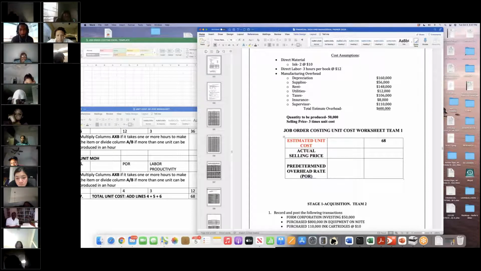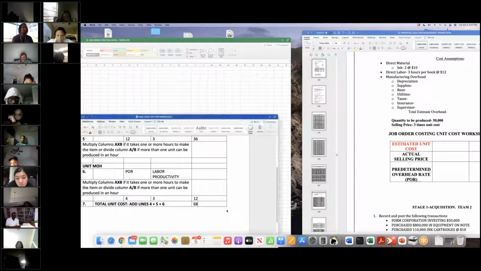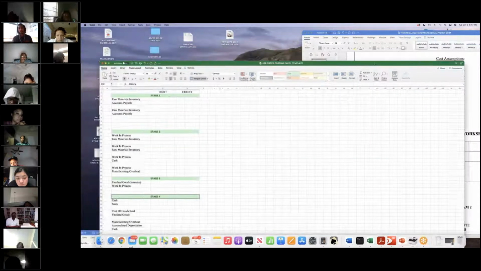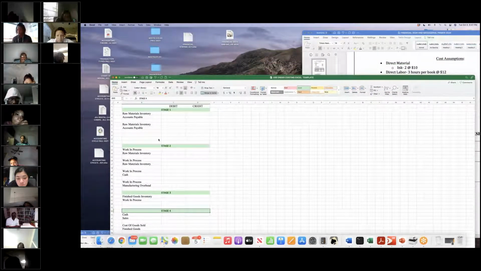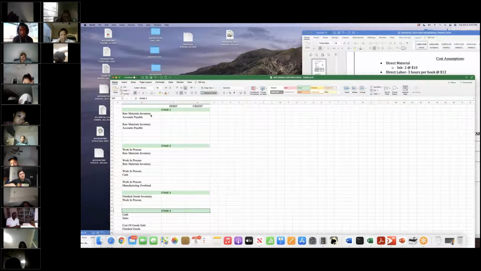Better go to the spreadsheet. So it's already here for you. See that? The spreadsheet kind of has them on here. It might be good for you to put them on here yourself. Whenever you're in stage one and you start to buy ink and paper, you're in stage one.